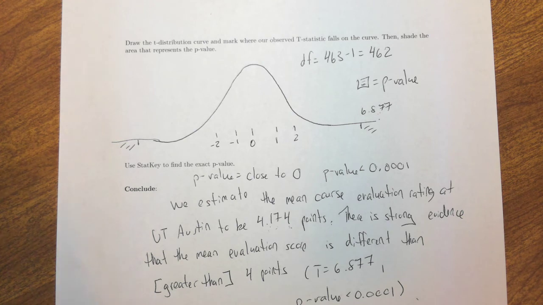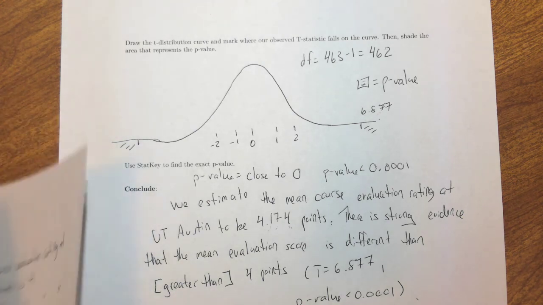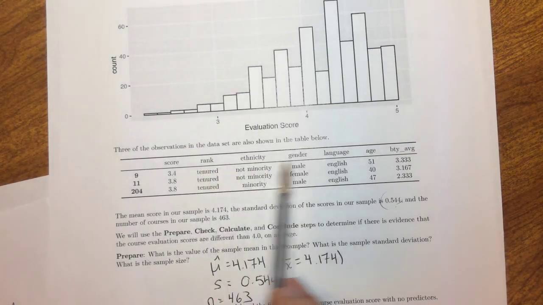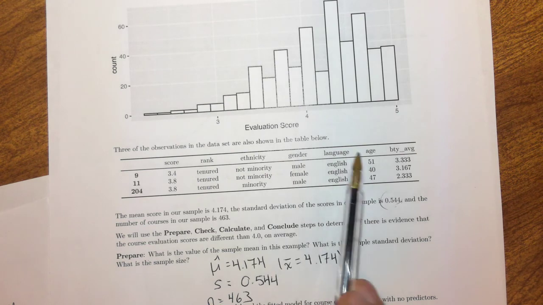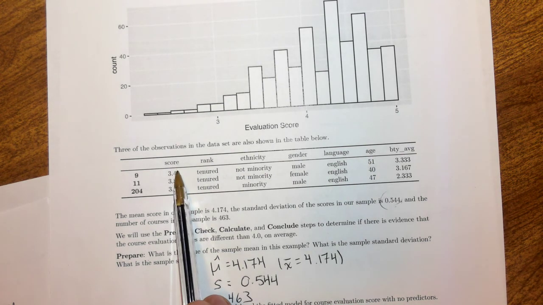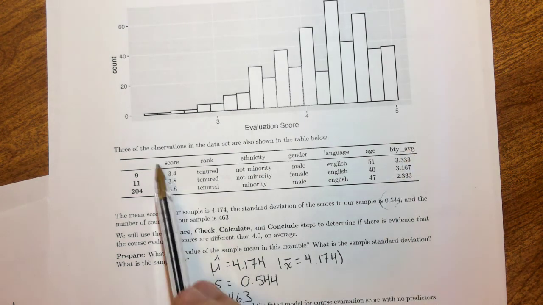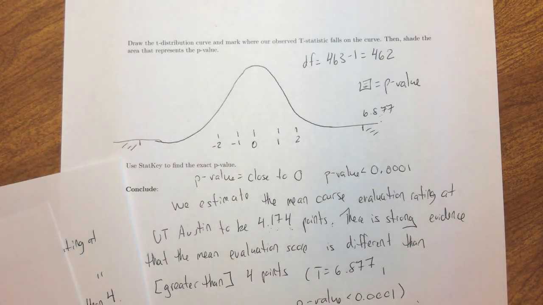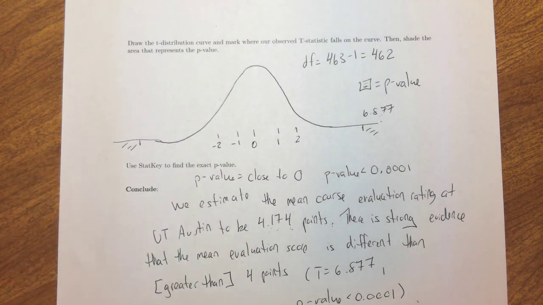If you look back, we've got these other variables. I might want to know, does age seem to be associated with course evaluation score? Or does attractiveness seem to be associated? Those are the questions that we'll start to be able to answer once we move into regression.